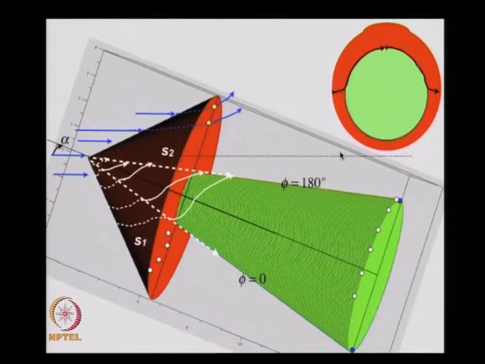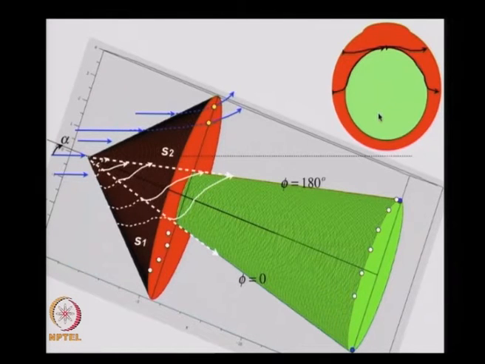Similarly, we will have other streamlines which will look like this, and what we see is that all of these streamlines are going through the top surface, which is phi equal to 180 degrees. They originate at various points, but they all converge at phi equal to 180 degrees, and all of these points project at the same point here. So they are all going through this particular point.